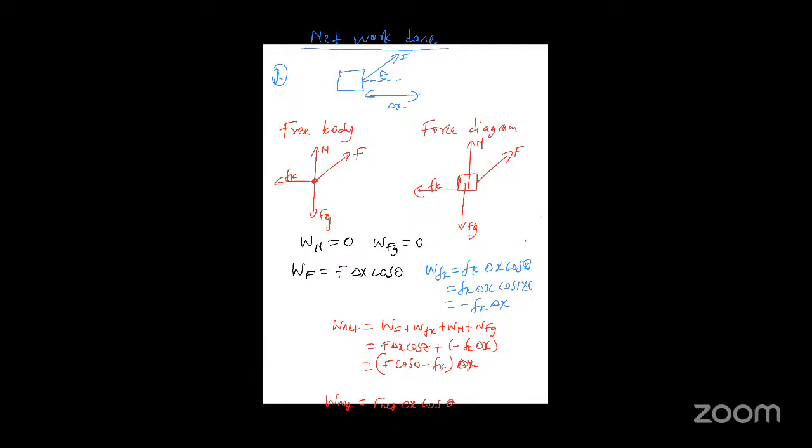Work net is equal to F net change in x. So let us define F net. When we define F net, we redraw our free body diagram including components. So we're going to redraw it here.